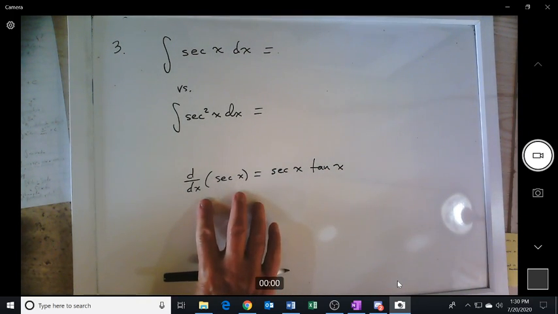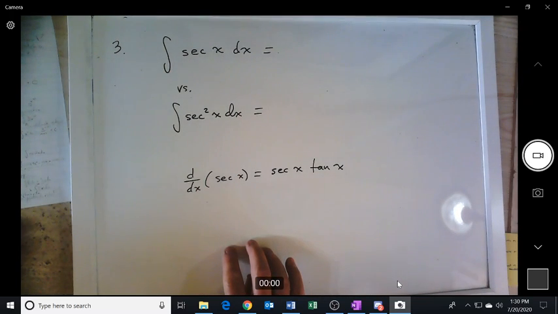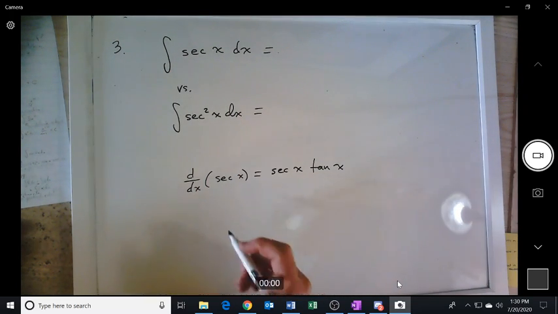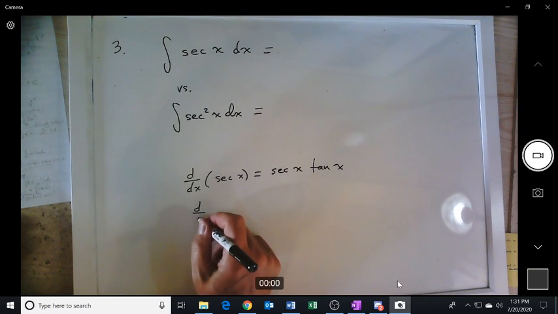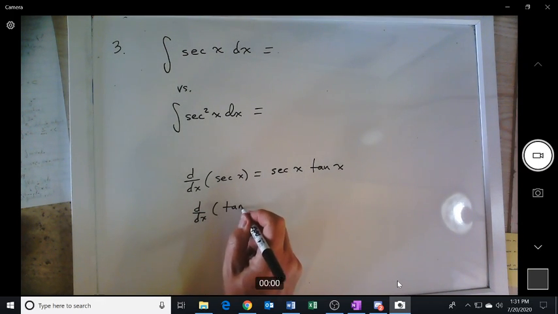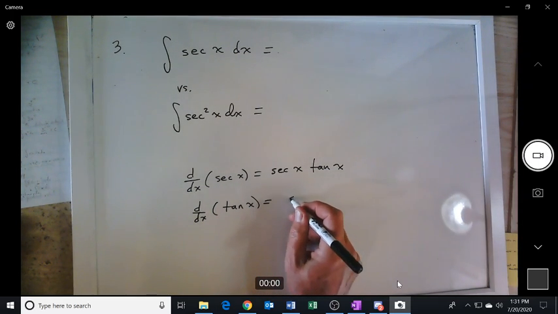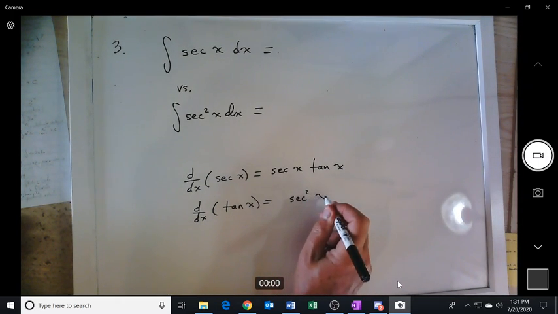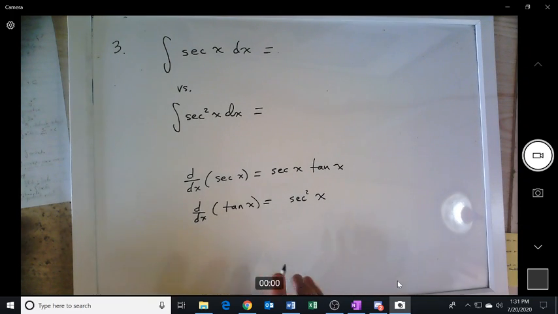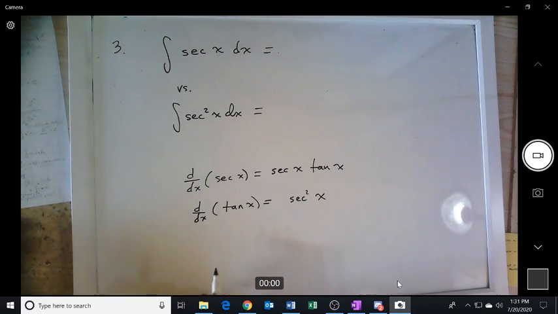Does that help us take the integral? It turns out not. What was the derivative of tangent x? Secant squared. Secant squared x. It turns out this is going to help us out over here.